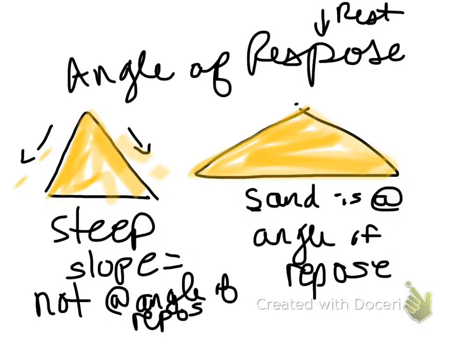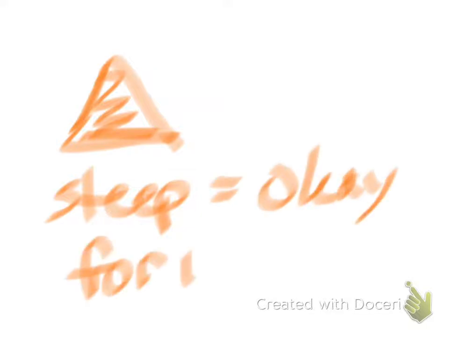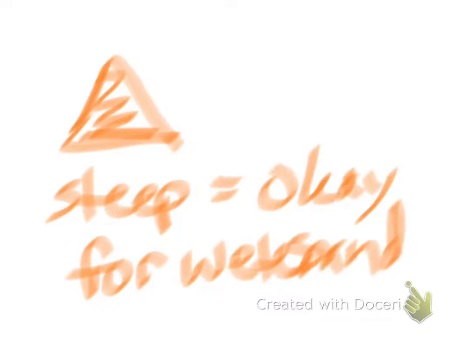Every different material, every different wetness, how moist this material is, has a different angle of repose. For example, if I have moist sand, wet sand, so pretend this is wet sand, I could build a sandcastle and it would stay really steep, right? Steep is okay for wet sand. If you've ever built a sandcastle, you know that.